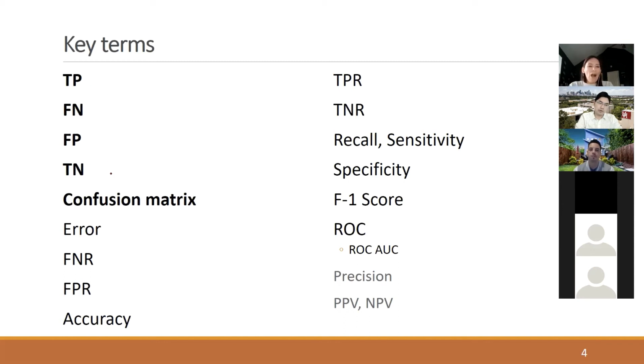The four terms are what makes up the confusion matrix. We'll talk about that in a second. Things in black are those that we'll talk about. And these come in groups. These three are the errors. These three are the rates, what we call the true rates.